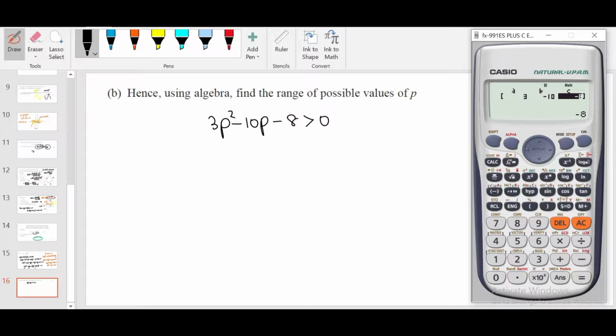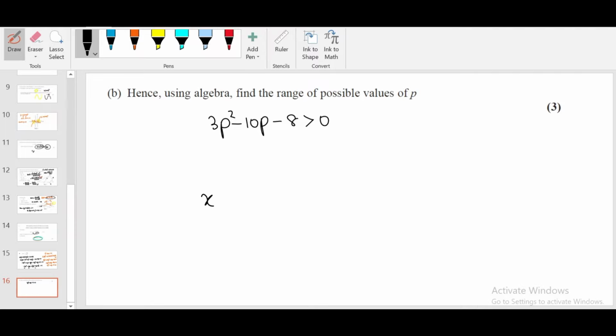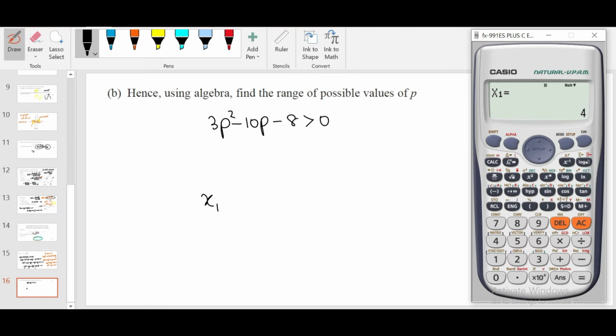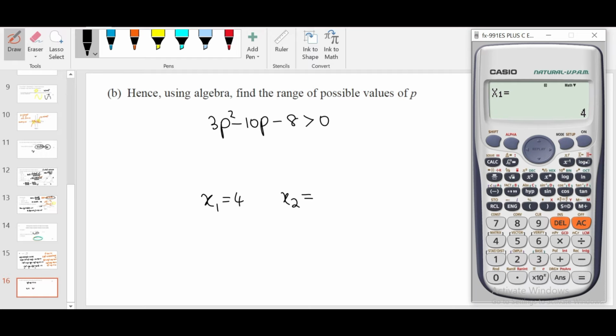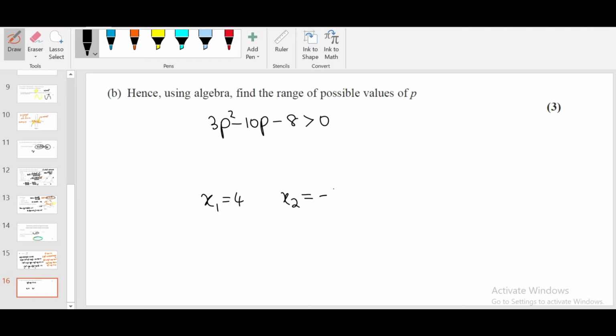I press equal again. I get two values. x1 is equal to 4, x2 is equal to, press equal again, negative 2 over 3. So I can write it as p minus 4 times 3p plus 2. These are all the factors.